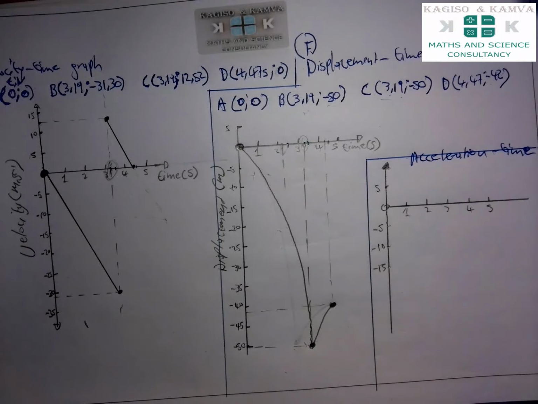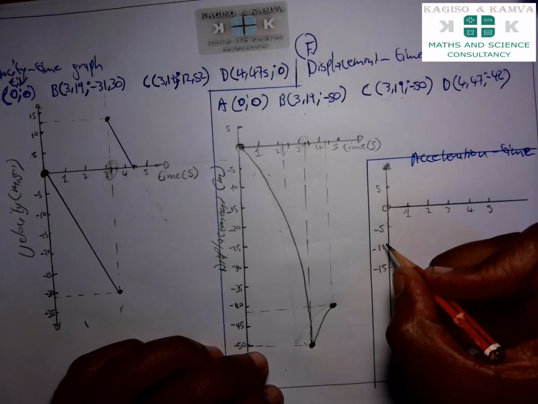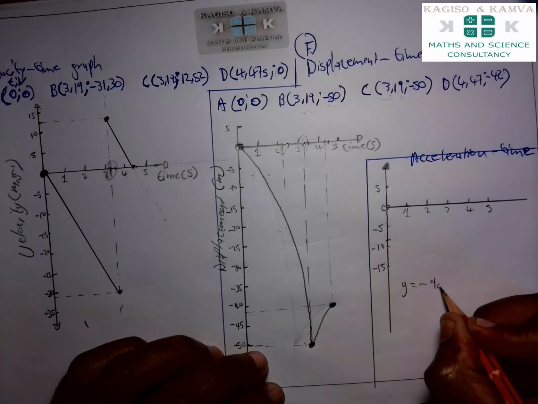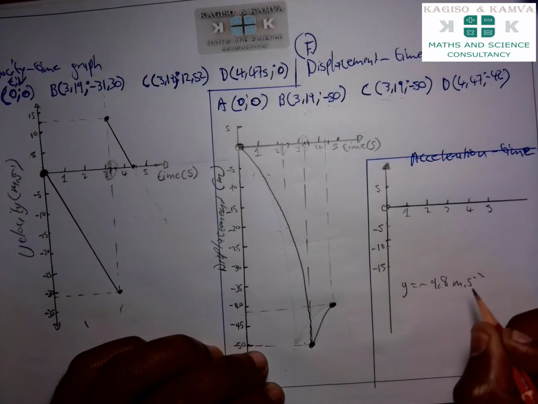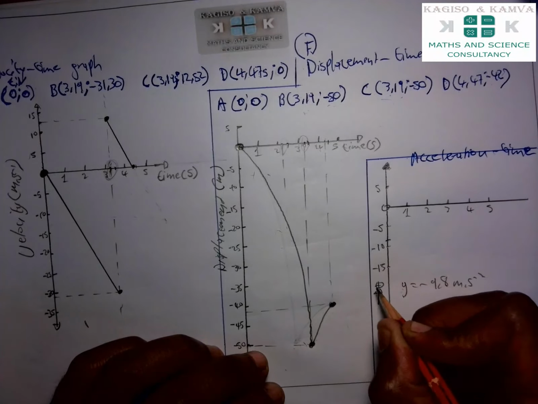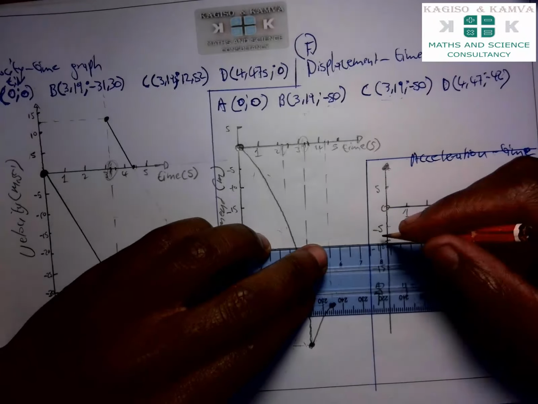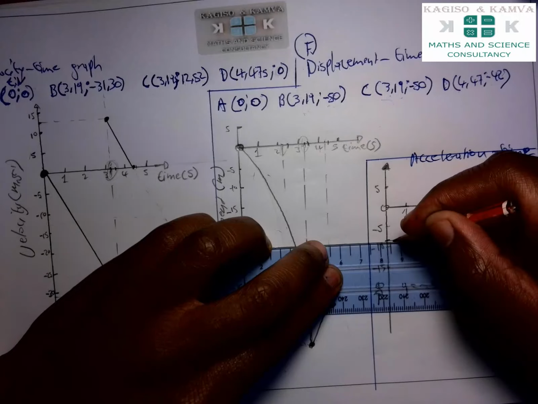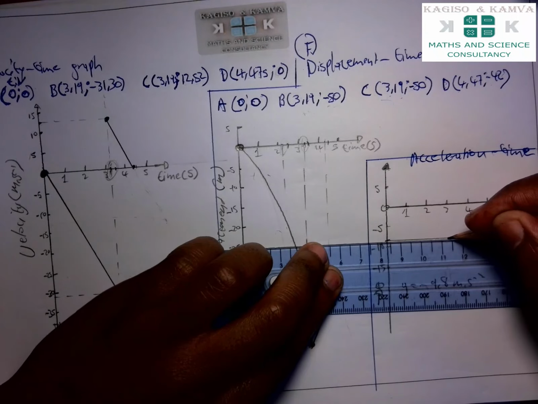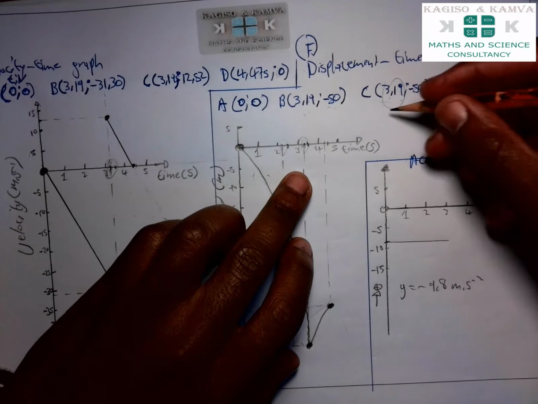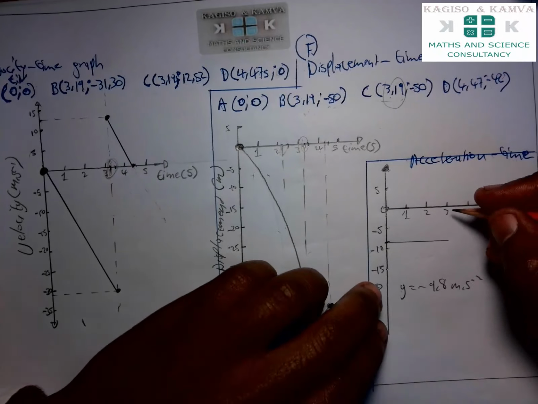Okay, so we know that our gravitational acceleration is 9.8. We know that g is equal to -9.8 meters per second squared if we take upward to be positive. So -9.8 is going to be somewhere there. We're going to draw a straight line until we get to this time of 3.19, when it started to bounce.